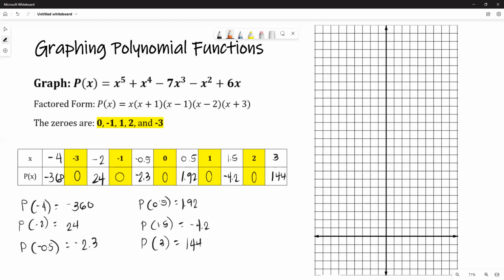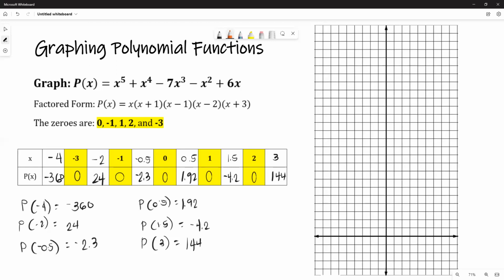Now, it's time for us to graph our function. First, let's graph the given zeros of our polynomial function. Simply locate the positions of these coordinates, negative 3, 0, negative 1, 0, 0, 0, 1, 0, and 2, 0 in our Cartesian plane.